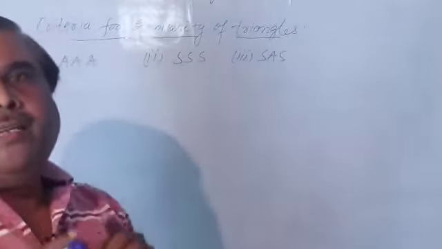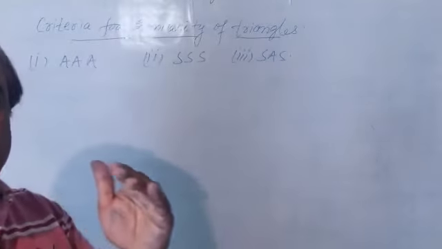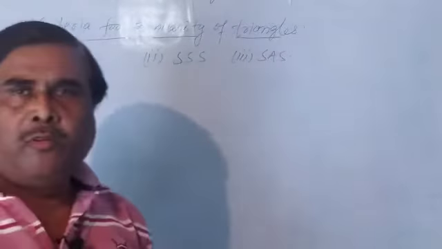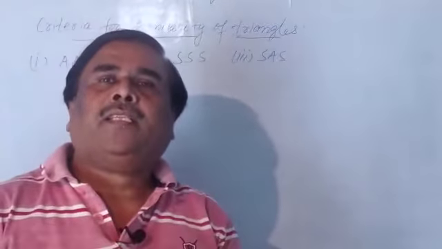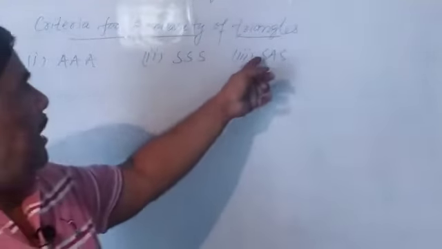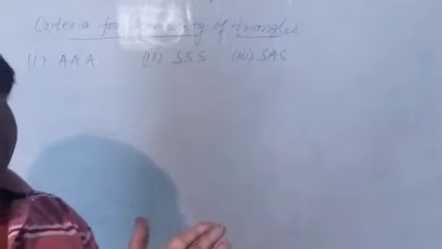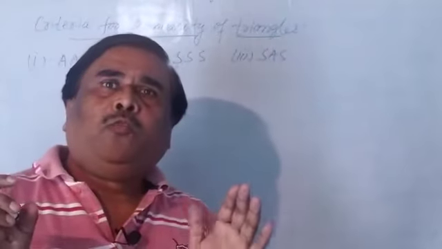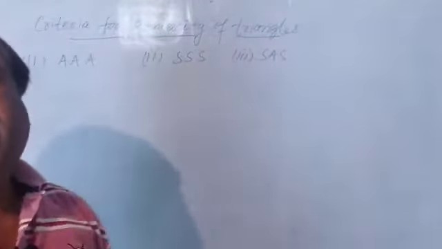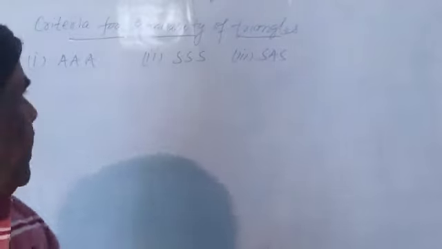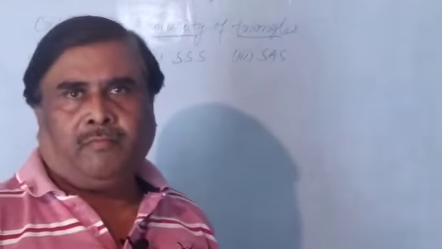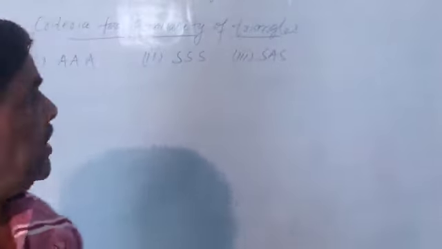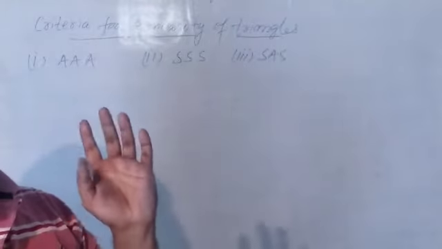Similarly, if all three corresponding sides are proportional, then automatically all corresponding angles are also equal and the triangles are similar. And in the third case, if two corresponding sides are proportional and their included angle is the same, then automatically the triangles are similar.